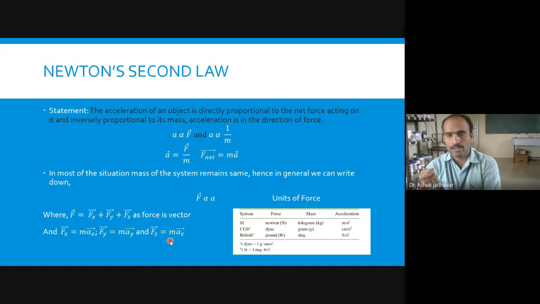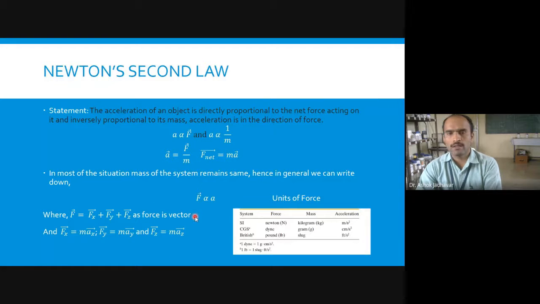As acceleration is a vector quantity, I can write a bar = ax plus ay plus az, with a bar on each, or I can write it as ax i cap, ay j cap and az k cap. This is just information about force. All of you already know that F is a vector quantity and you can write it in this form.